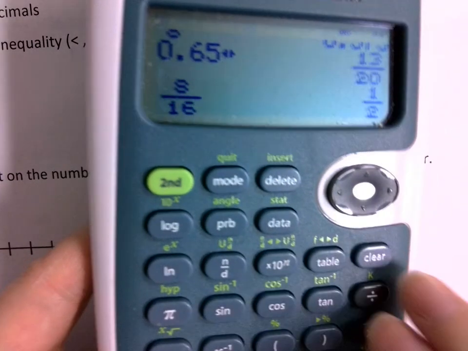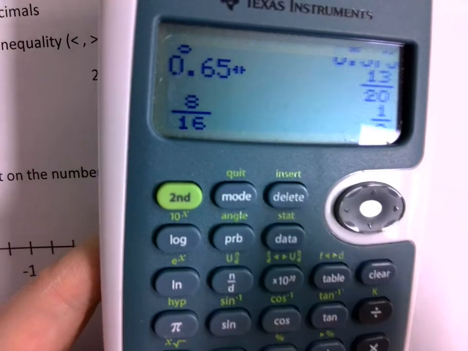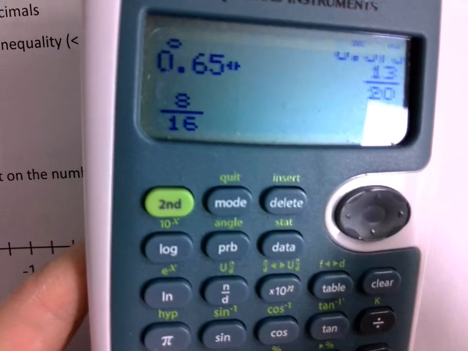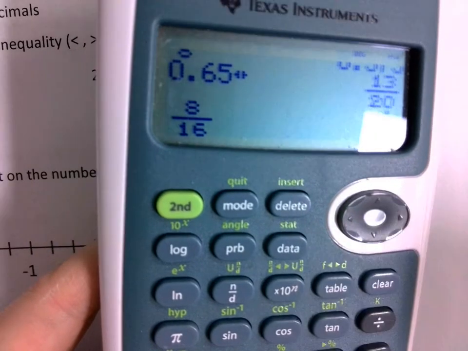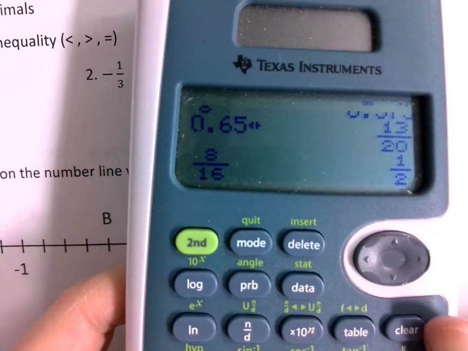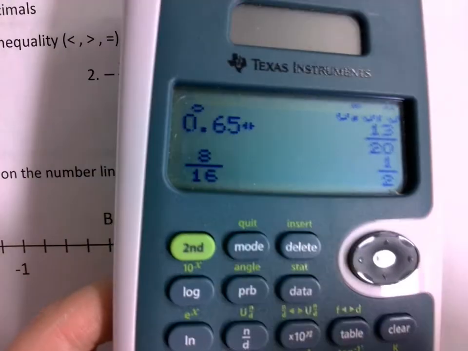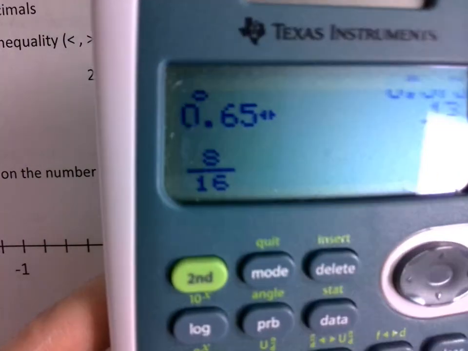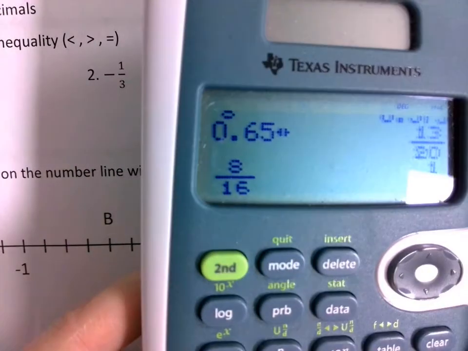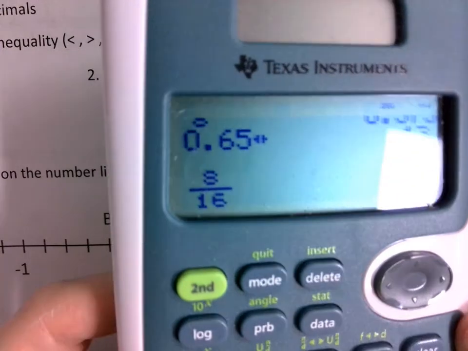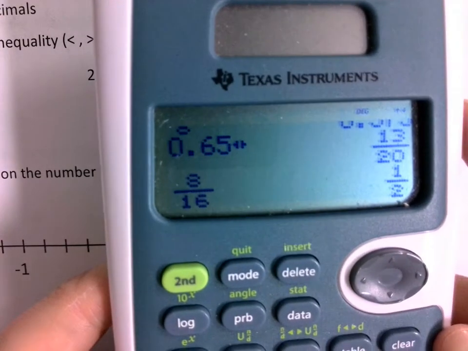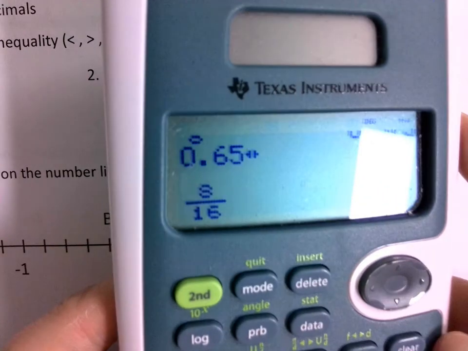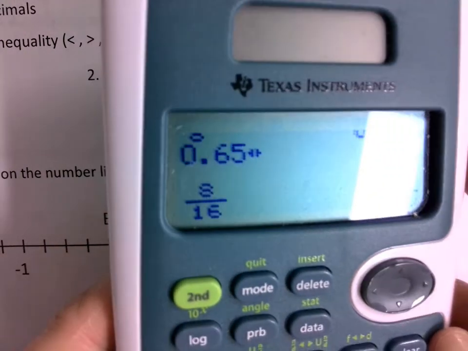All you are going to have to remember is operational words. So if it says, what's the difference between these two fractions? You're going to subtract those two fractions. If it says, oh, her hair length was 15 2/3 inches long, but then she got a haircut and took off 3 2/4 inches.